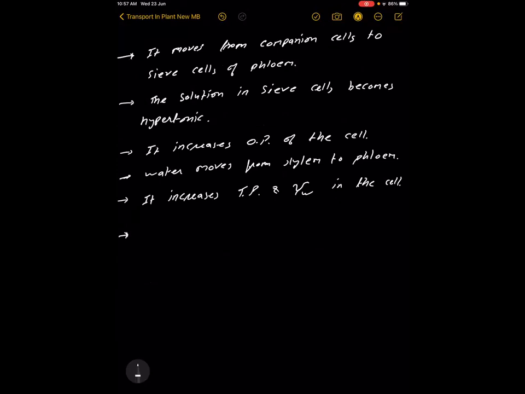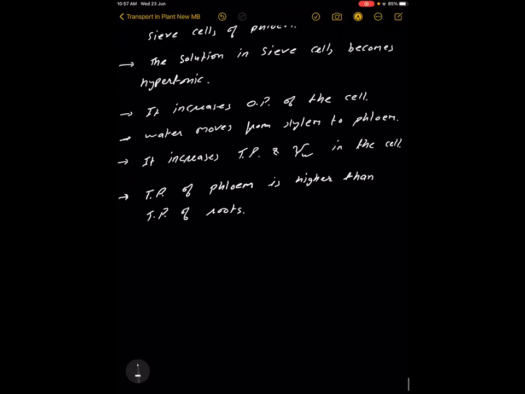So the turgor pressure of phloem sap is higher than the turgor pressure of roots.